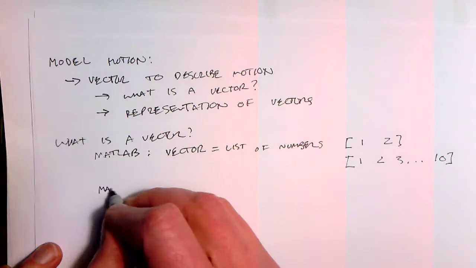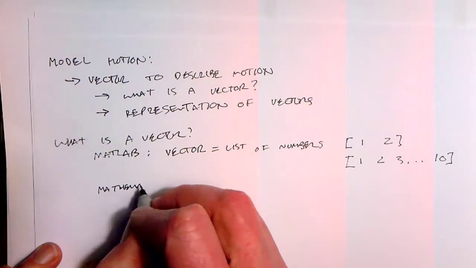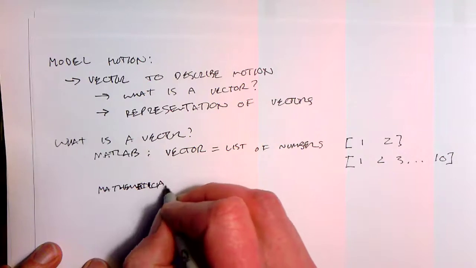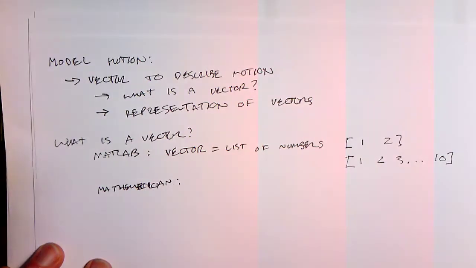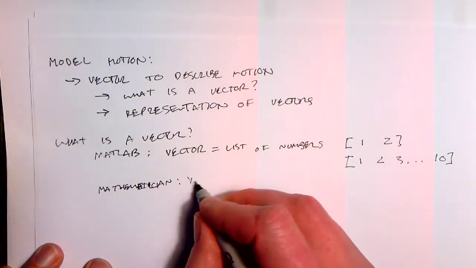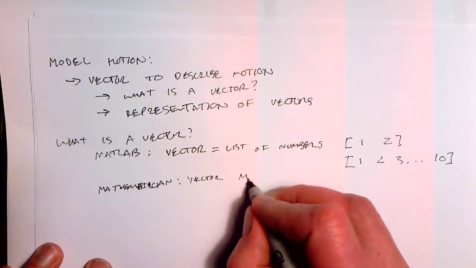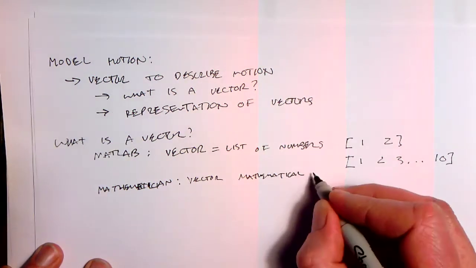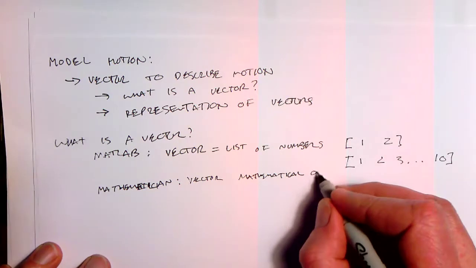If you ask a mathematician what a vector is, they'll tell you something a little bit different. They'll define vectors in terms of what their transformation properties are. So from a mathematical perspective, a vector is some kind of mathematical object that obeys certain transformation rules.